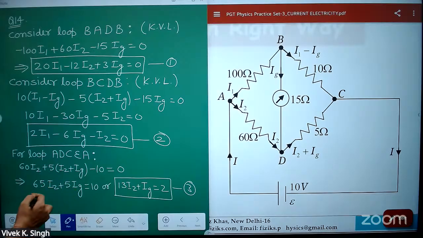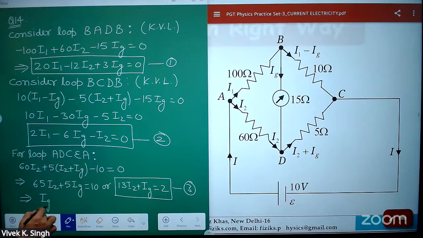If you solve this equation, you will get IG. I think this value will be 4.87 milliampere.